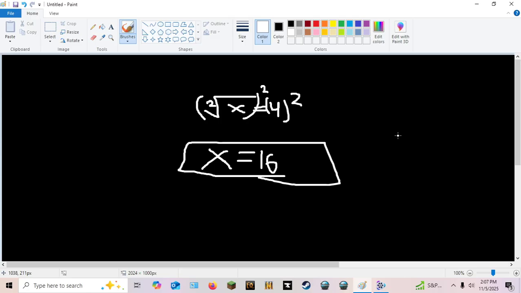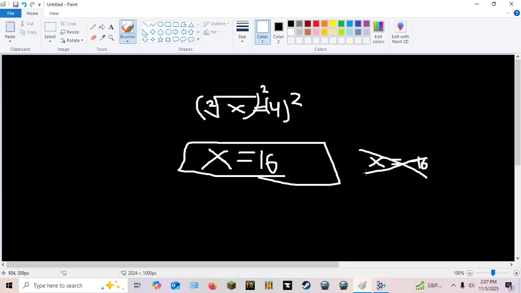But if you put plus or minus 16, that's only half correct. So here's the wrong one: x equals -16.